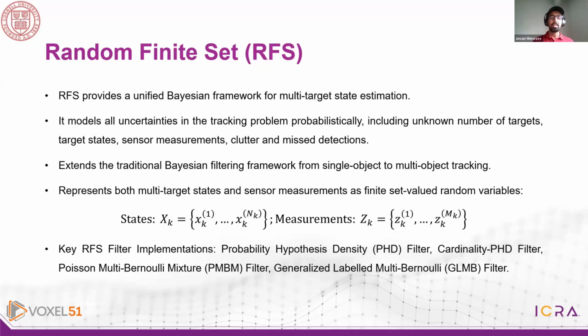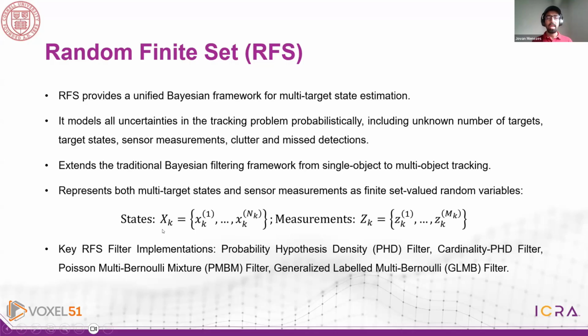It essentially extends the traditional Bayesian filtering framework from single object to multi-object tracking. And at the core of it, how it works is we represent the states, as seen over here with X, and the measurements that we get from our sensors, represented by Z, as sets.